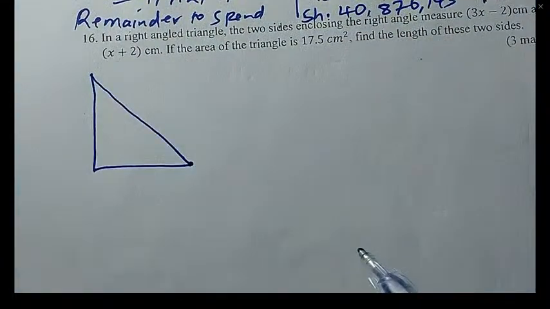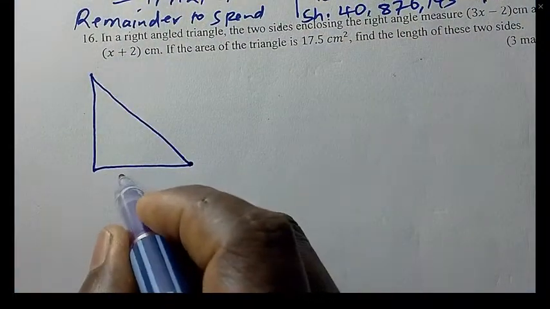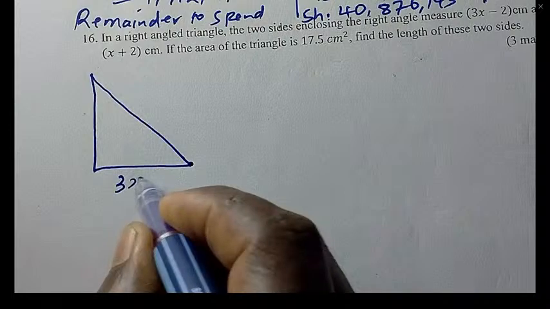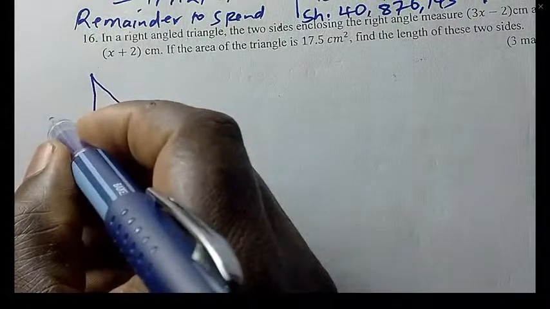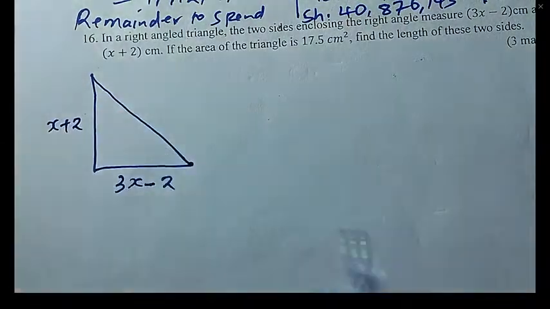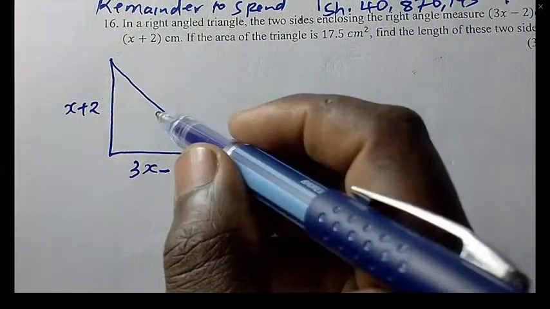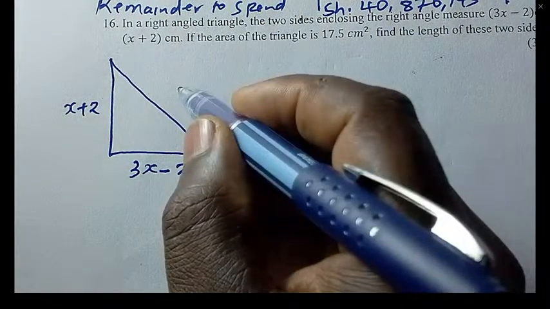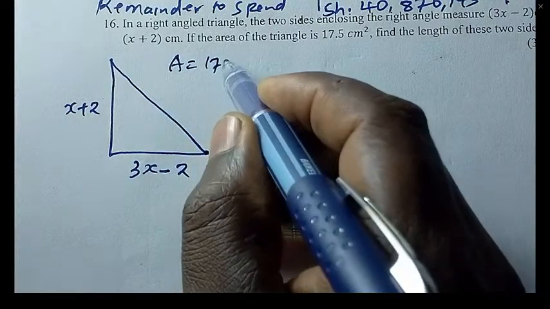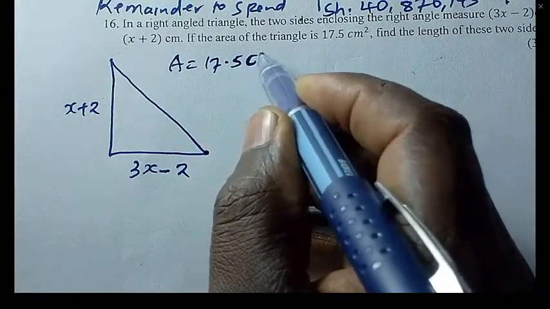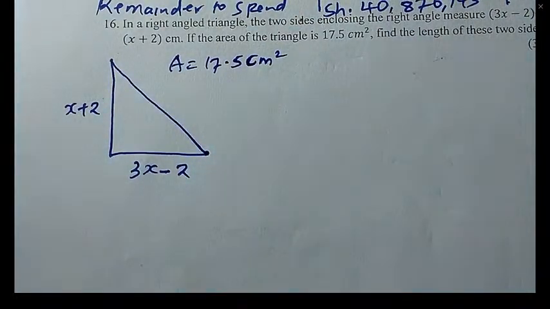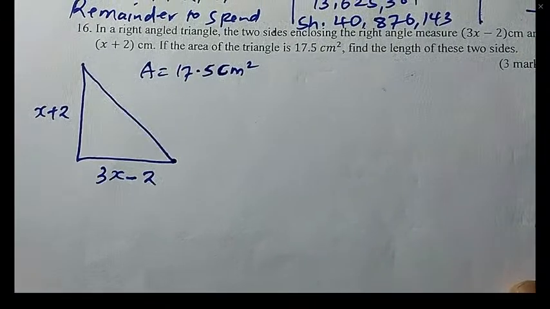The two that are crossing, so 3x minus 2 and the height is x plus 2. That's what they are saying. But the area is equal to 17.5 centimeters square. Find the values of its sides.